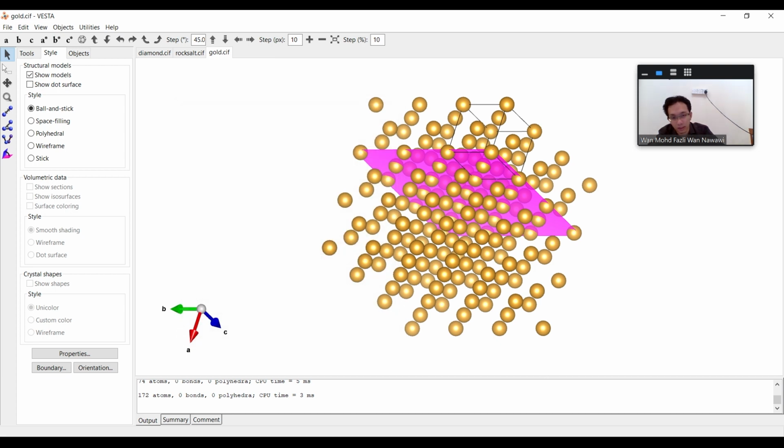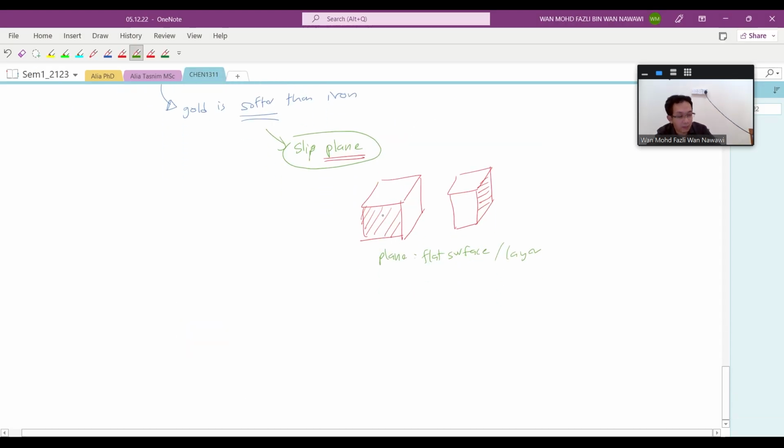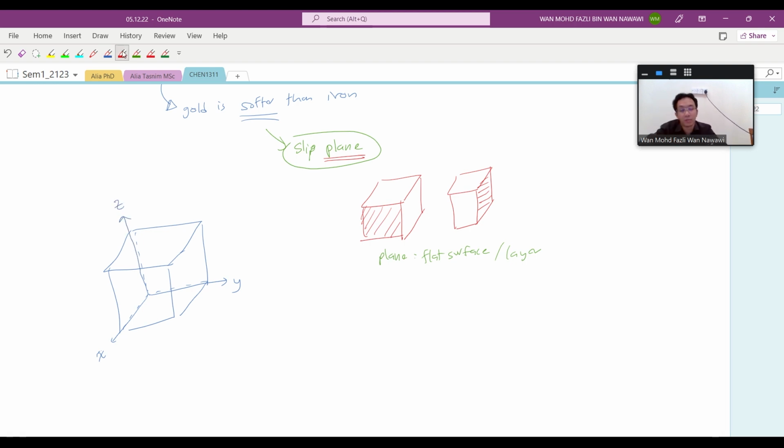So this is the plane. Inside the cube, let's say we talk about the cubic system. Inside the cube like this, you have this is A. And let's say we put in the coordinate system. This is X, this is Y, and this is Z. Let's say we want to describe this plane.